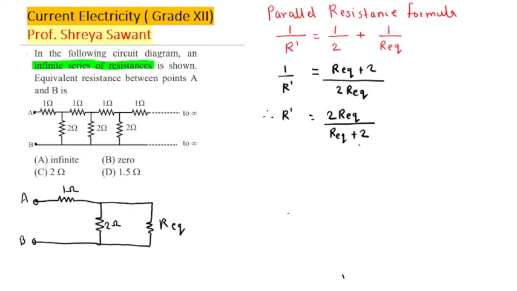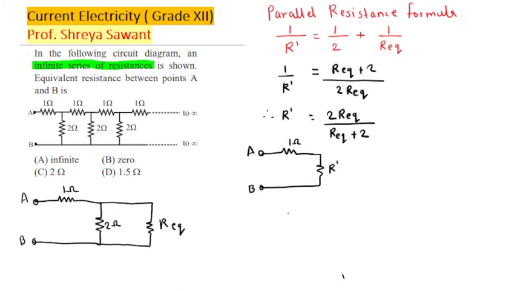Okay. Now we have to solve this resistance. This combination is total R dash. It means now the circuit gets modified: 1 ohm connected with this R dash, and this is across A and B. Okay. So now R dash and 1 ohm are connected in series.